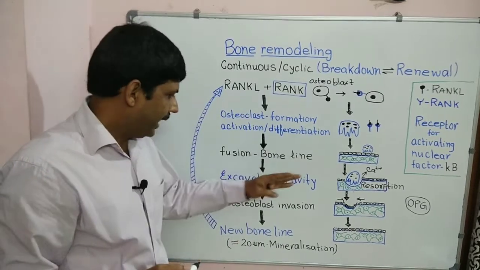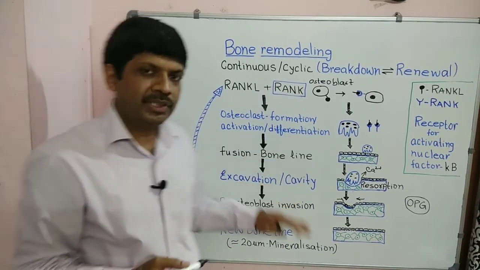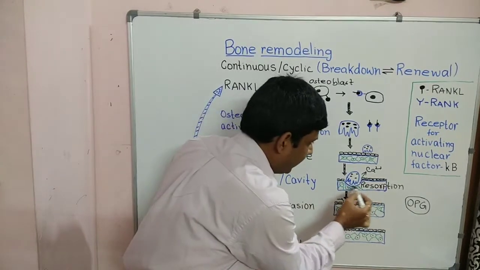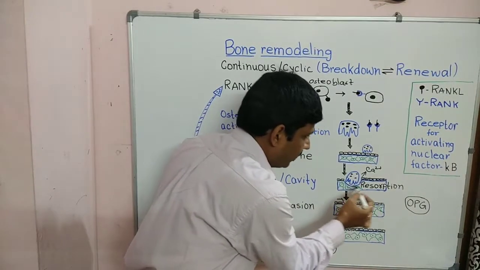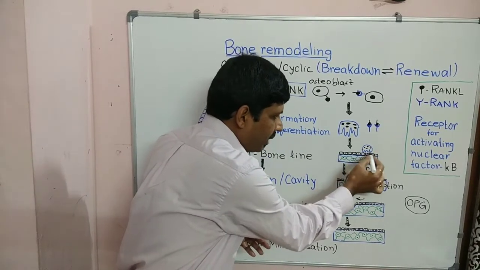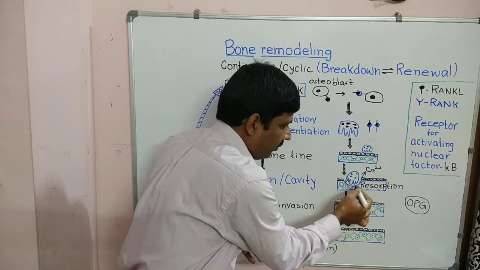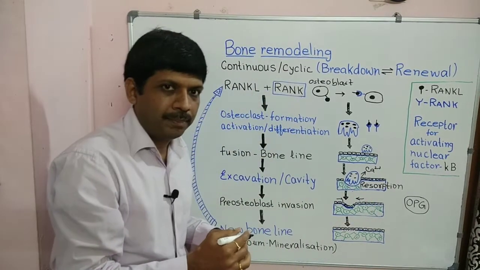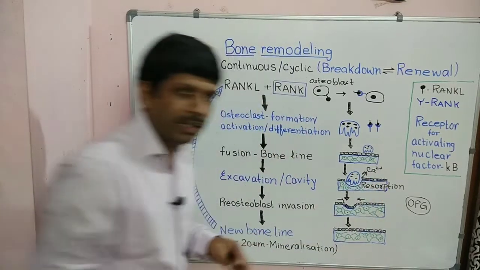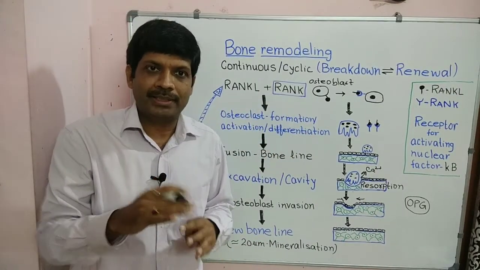Then after that there is excavation into a cavity. So there is formation of a cavity in the bone by the ruffled border osteoclast, and in that process calcium is released into the plasma. So the concentration of calcium increases.